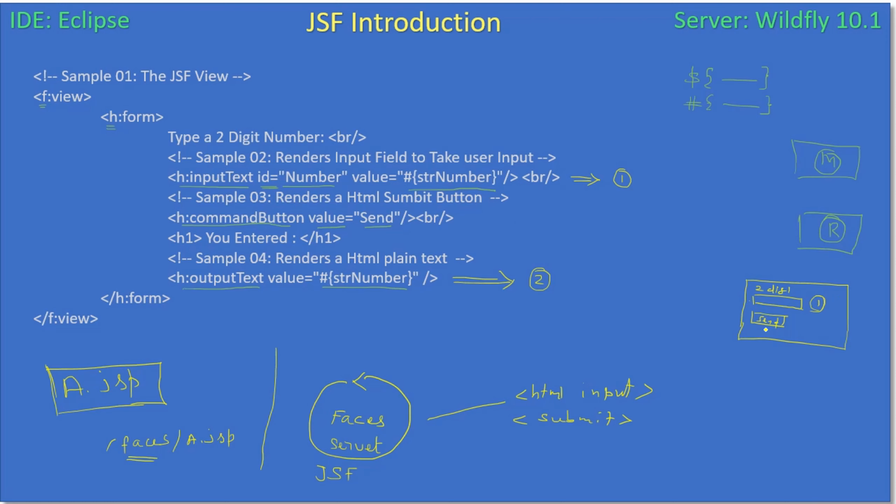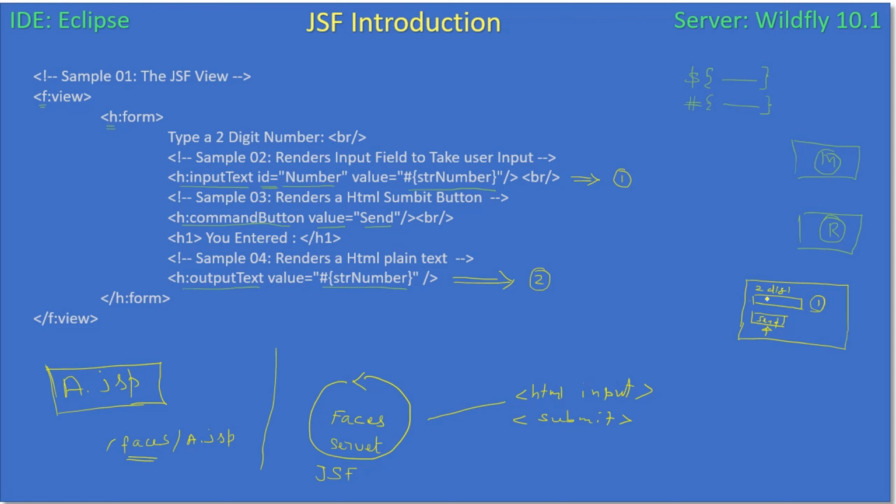Now let us say the user is pressing this send button. So once again the request goes to the server and comes back. This time, when the request goes to the server for the second time, during the model phase it will read the number.